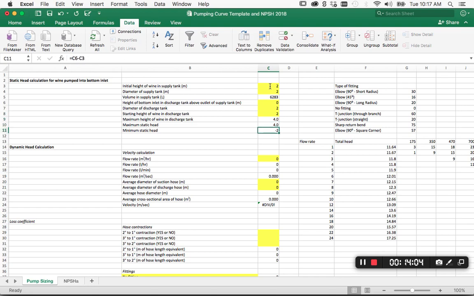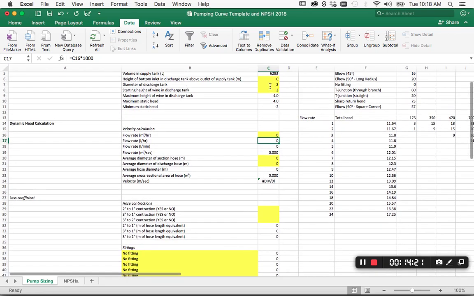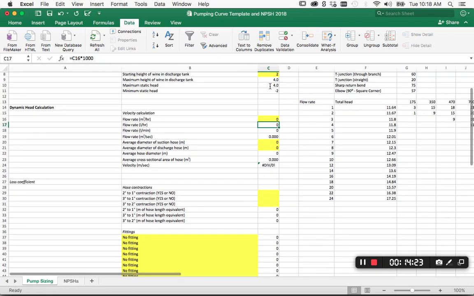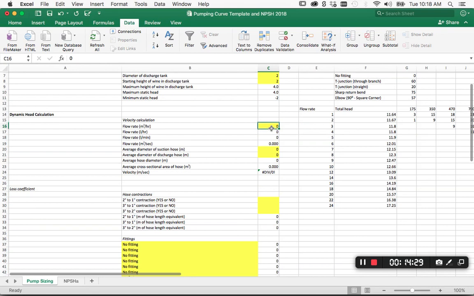All right, so maximum static head is 4 meters, minimum static head is -2. So we get that little bit of gravity. All right, so we've done our maximum minimum static head. That minimum static head, of course, is when the discharge tank is empty.